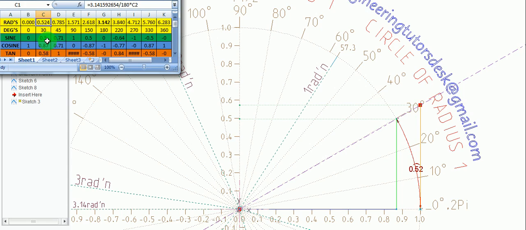Now let us discuss what is inverse of trigonometry. Inverse of trigonometry basically means, let us pause here. Till now we have understood measuring the height of lines at different angles, which means we know the angle and we measured the height or the length of sine, cosine and tan.